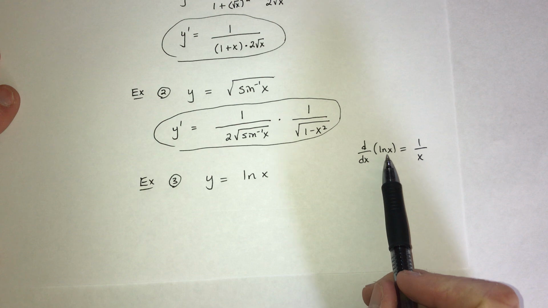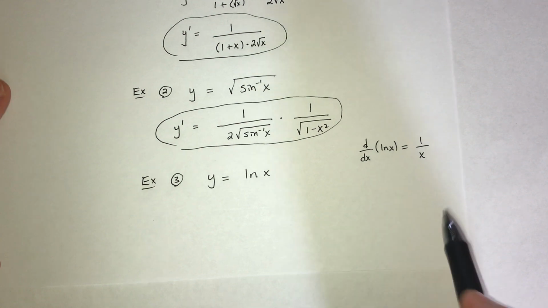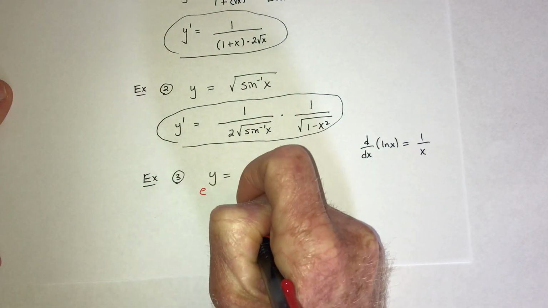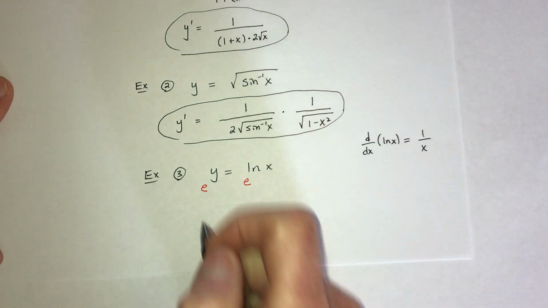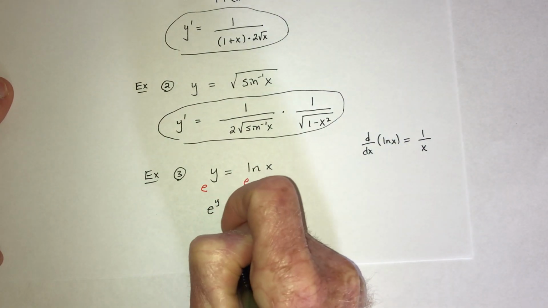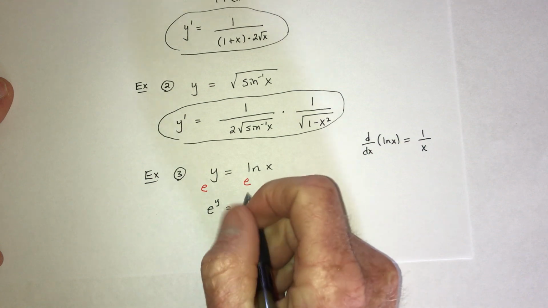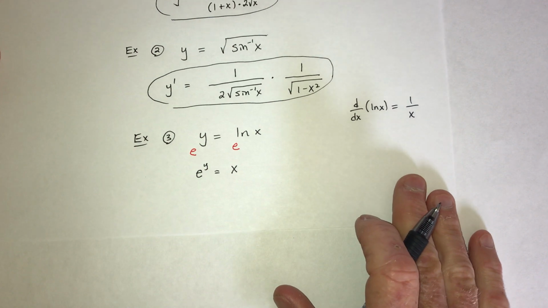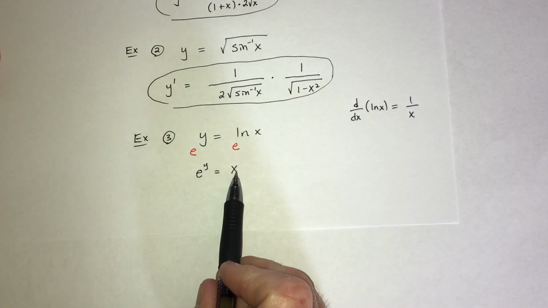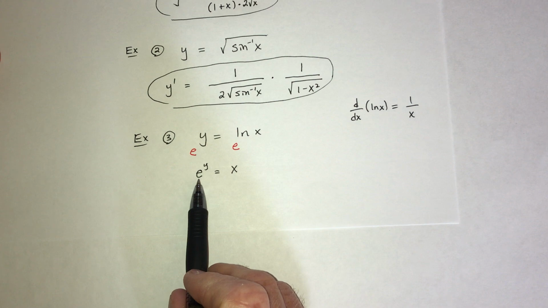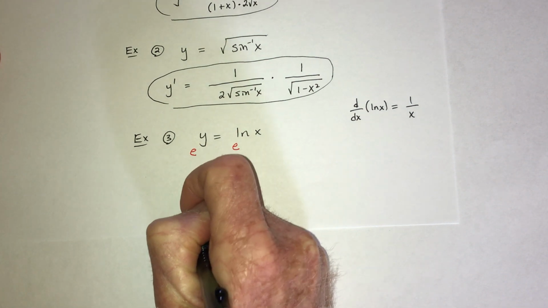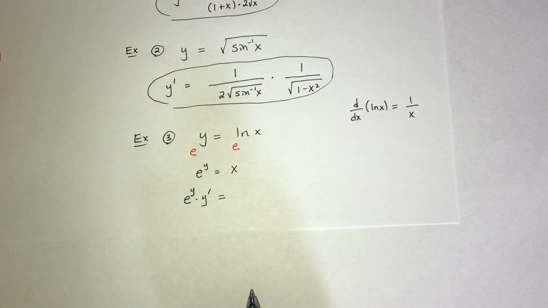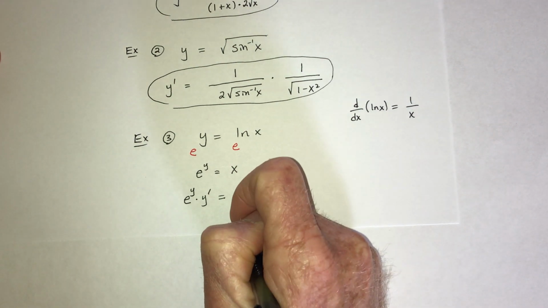So why is it that the derivative of natural log of x equals 1 over x? Excellent question. So what I'll do is I'll exponentiate both sides. So the left side will have e to the y. The right side, e and natural log will cancel each other out, so it just equals x. Then use implicit differentiation, take the derivative on each side. On the left side, the derivative of e to the y is e to the y, but then you also need to take the derivative of the y. On the right side, the derivative of x is 1.